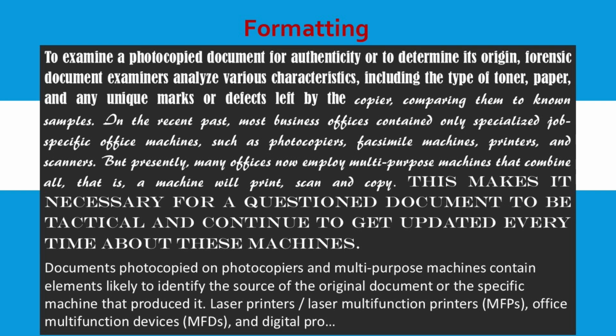Before I move further, forgery is when a forger takes an original document and tries to change some things in it in order to present it as a genuine one.